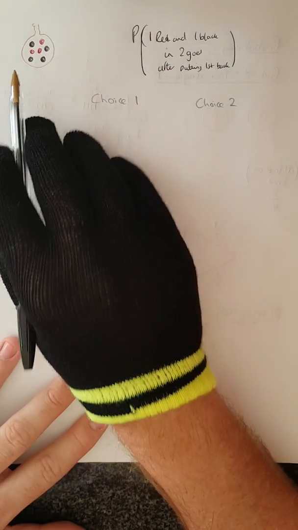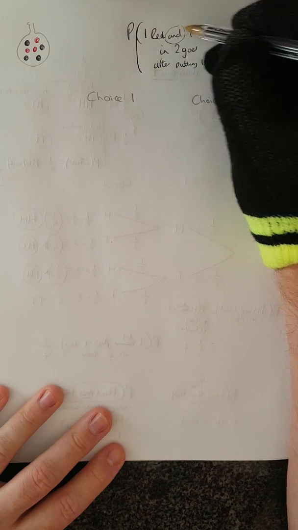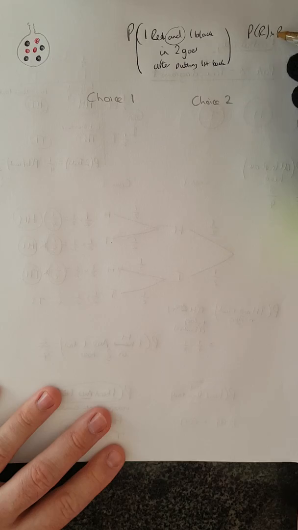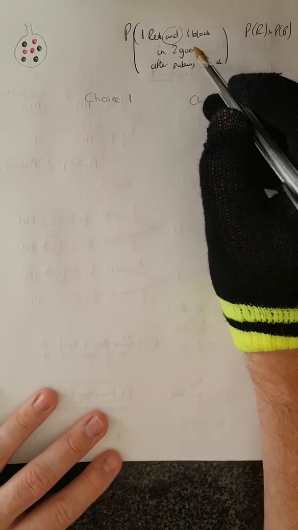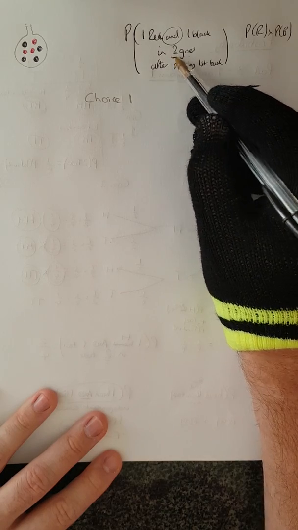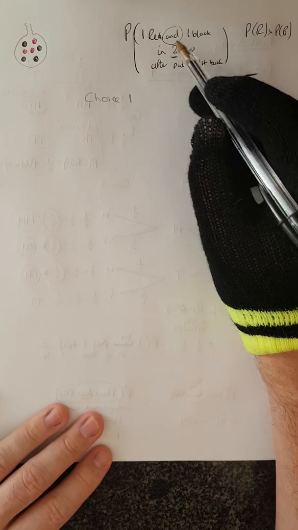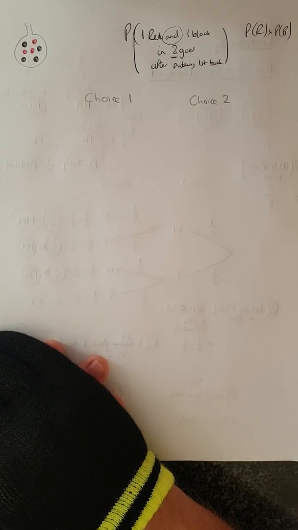Now, because it's 2 goes, whatever I get in the first go will change what I want in the second go. So, just because it says and, I can't just times these 2 together. Because the fact it's 2 goes changes it. Red would have to be followed by black. Black would have to be followed by red.